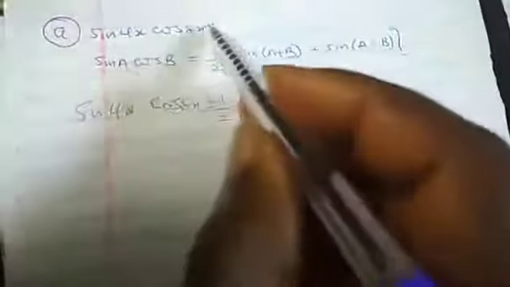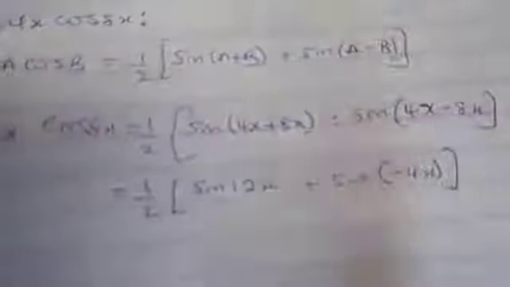So in that case, I can say that my A is 4x and my B is 8x. So in that case, sin 4x cos 8x will now be half into, I will represent A by 4x and B by 8x, so that we have this. But 4x plus 8x is 12x.